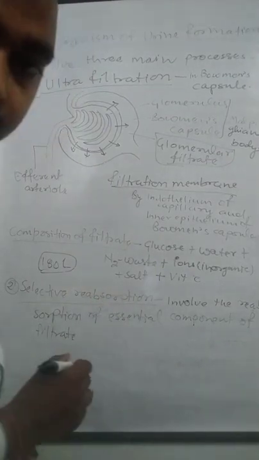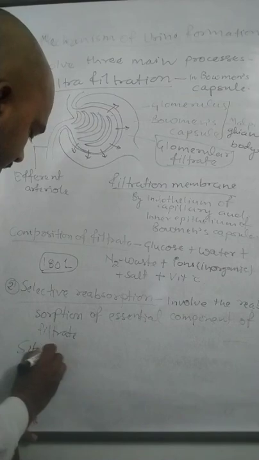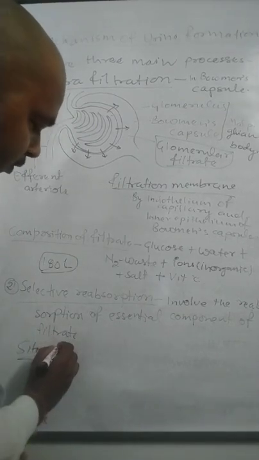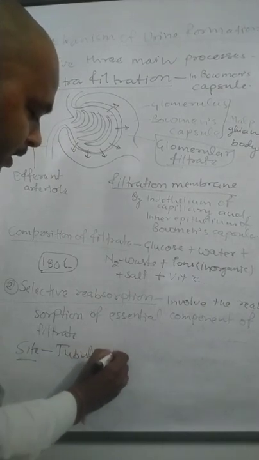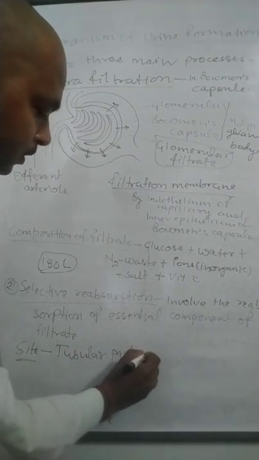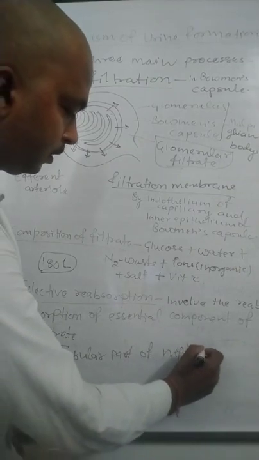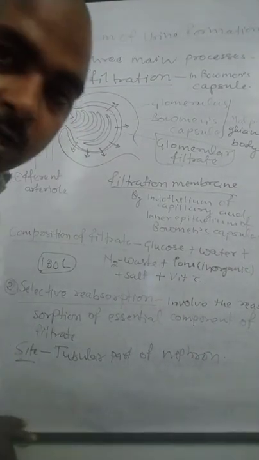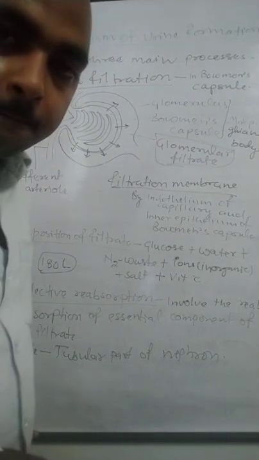And the site of selective reabsorption is the tubular part of the nephron.